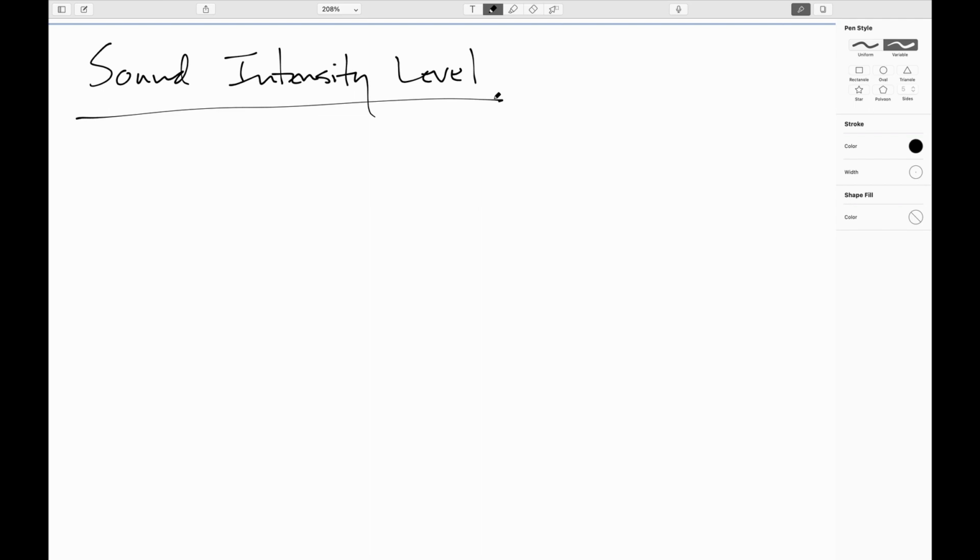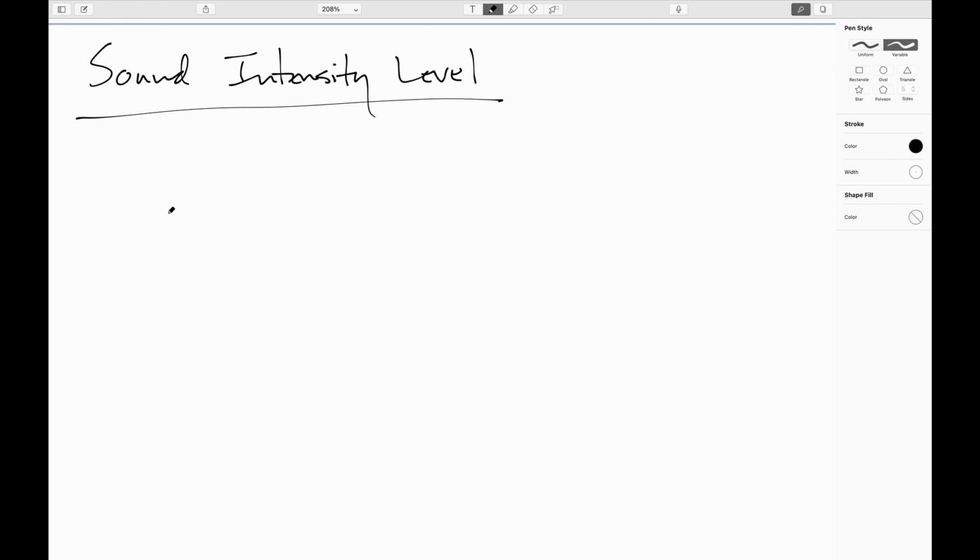And this is based on just empirically observing. You put people in soundproof rooms. You play different sound intensities at them. You ask them how many times louder did this sound compared to that, et cetera. Do it over lots of people.